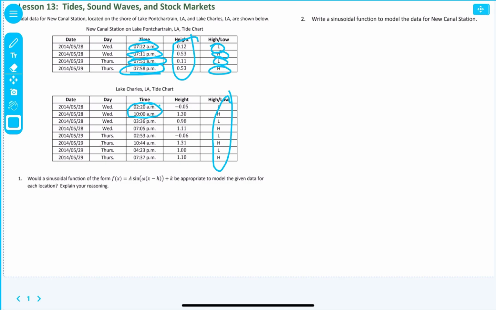So you technically probably could use it, but there's going to be a lot more factors in with that. Okay, and that's what we're going to see too. It's not going to be simply just cut and dry with this formula here. Okay, there's a lot of different factors that we're going to have to take into consideration. Okay, so yeah, probably we would use it for the new canal station, but it would be more difficult for the other one.